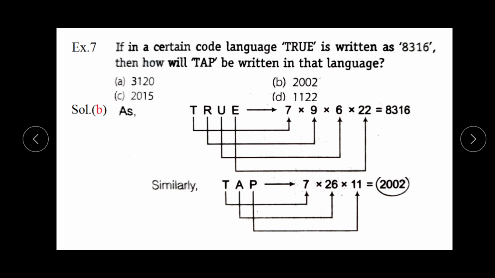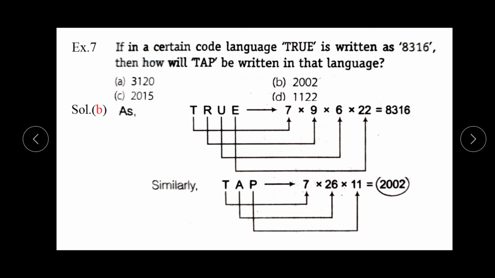The position of R is 18, and the opposite of R is I, whose position is 9. The position of U is 21, but the opposite of U is F, whose position is 6. The opposite of E is V, and V's position is 22. So here we will multiply these positions.